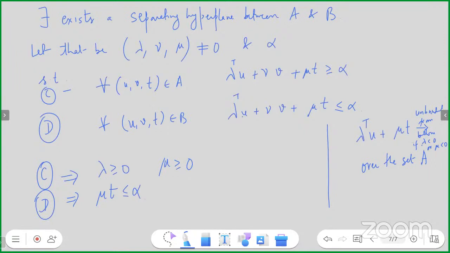So I anyway have this element for T less than P star. This implies that what is here? These are all the conclusions we have so far.